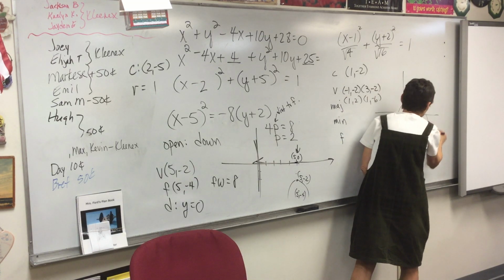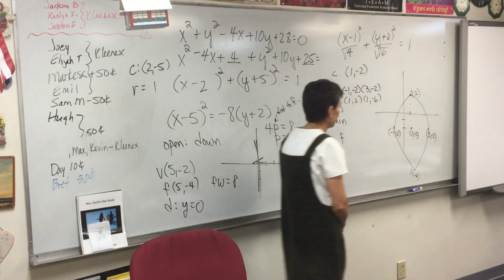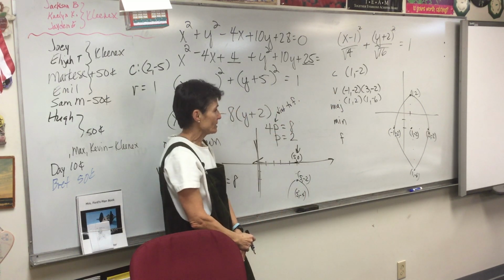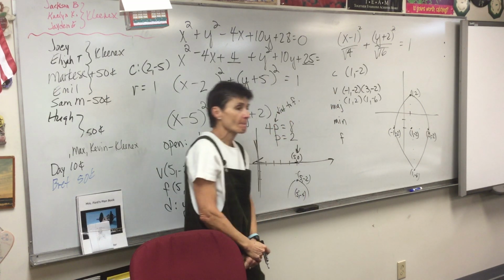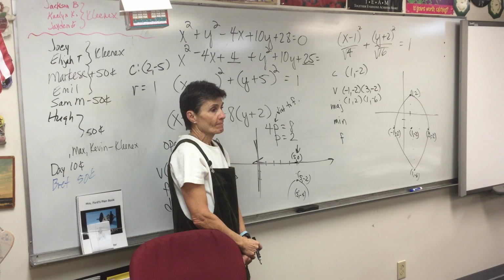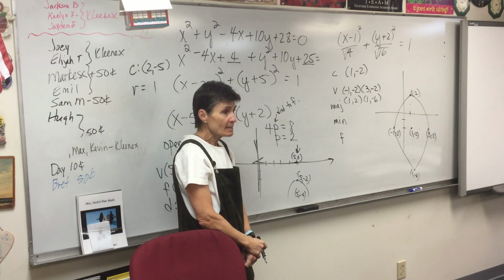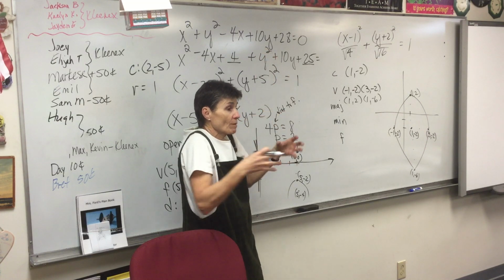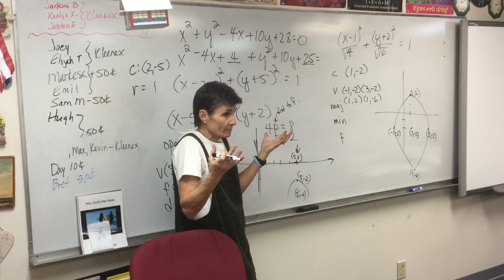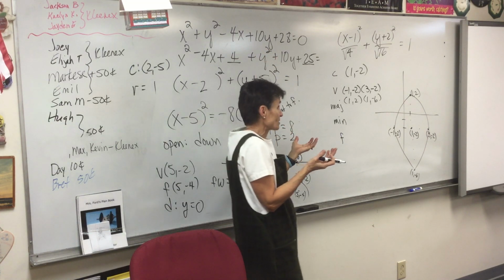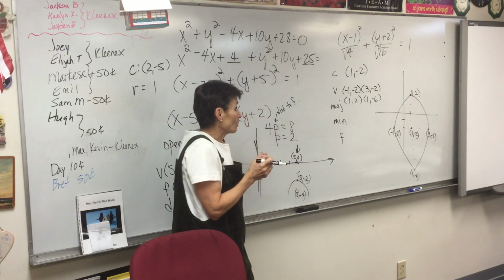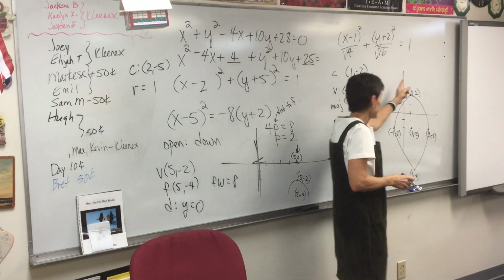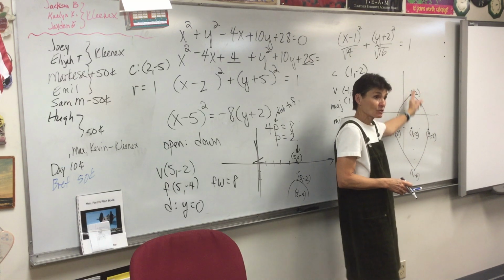Now, I'm not grading your picture. It's just there for us to use as a reference. Now, obviously, if it's an oval, one direction is stretched more than the other direction. If they were stretched the same, it'd be a circle. So, can you see this is the longer stretch?